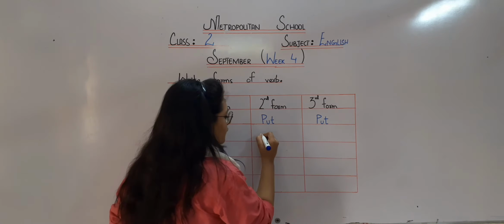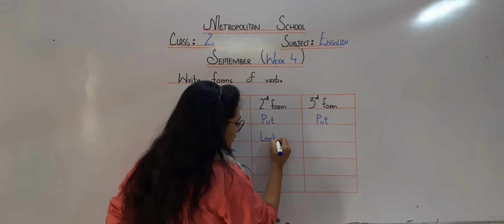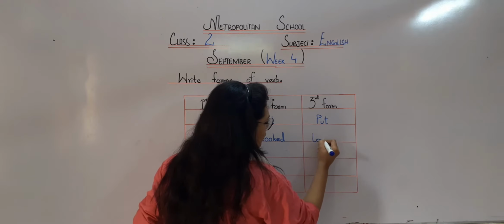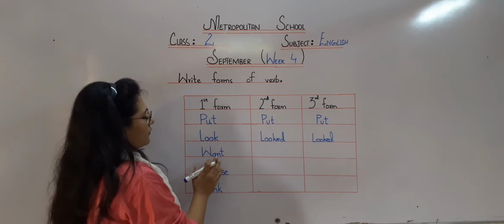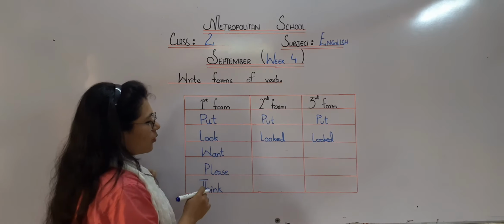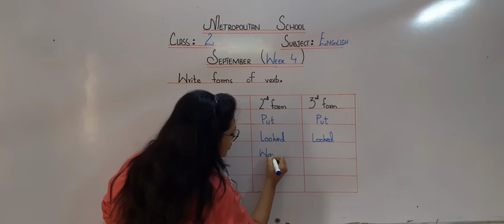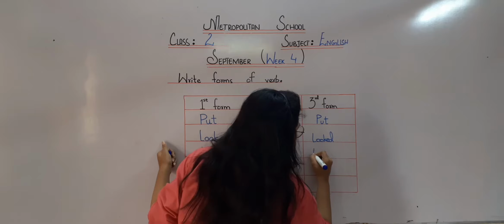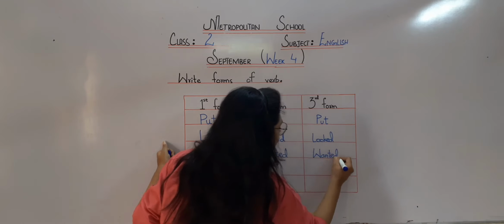Then, the second word is look. The second form of look is looked and the third form is also looked. Then the third word is want, and we convert it into wanted, and the third form will also be wanted.